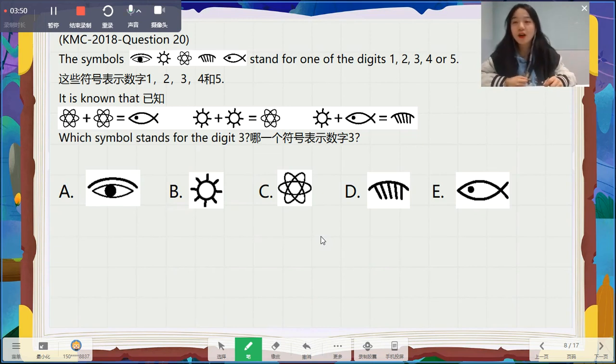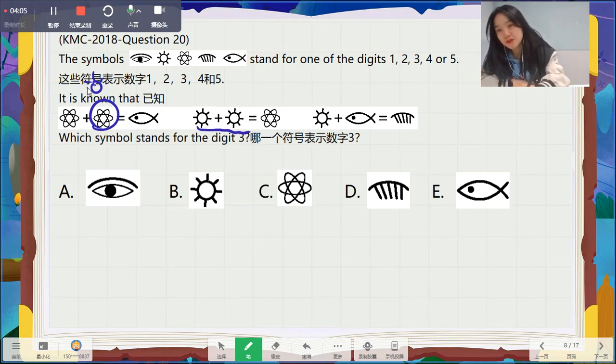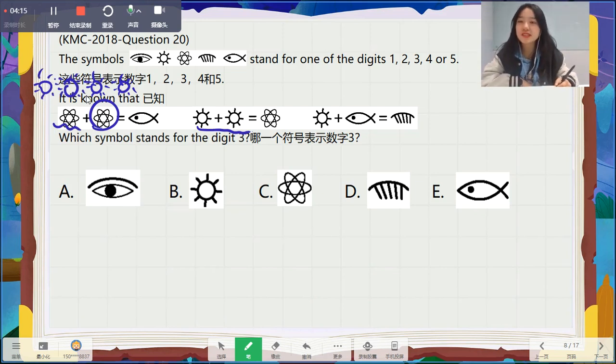Let's see. First, we know every flower can be replaced by two suns. Can we replace it here? If we replace every flower by two suns, these are two suns, and this flower can also be replaced by two suns. In this way, we can see one fish is equal to how many suns?